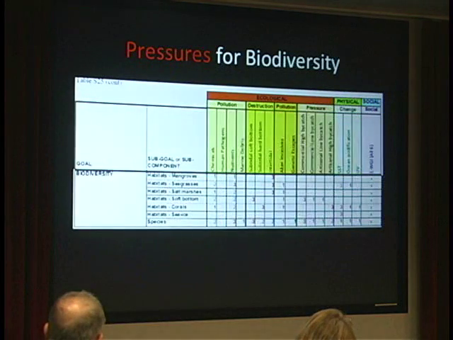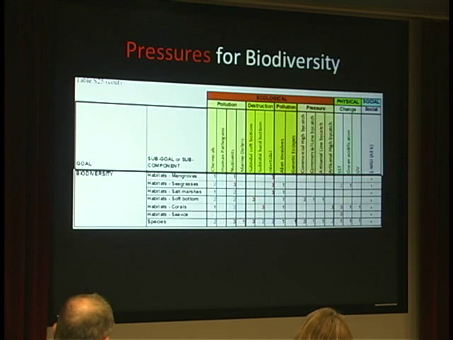Sorry, this is pretty tight. Again, Steve already mentioned this, and this relates to what the data looks like. So here, we've got the pressures column-wise, and then we've got the different goals. In this case, just one goal of biodiversity row-wise, and then it's broken down further by habitat.